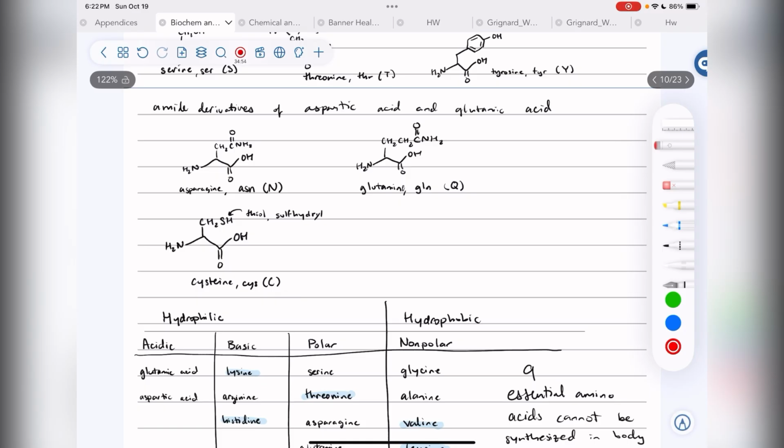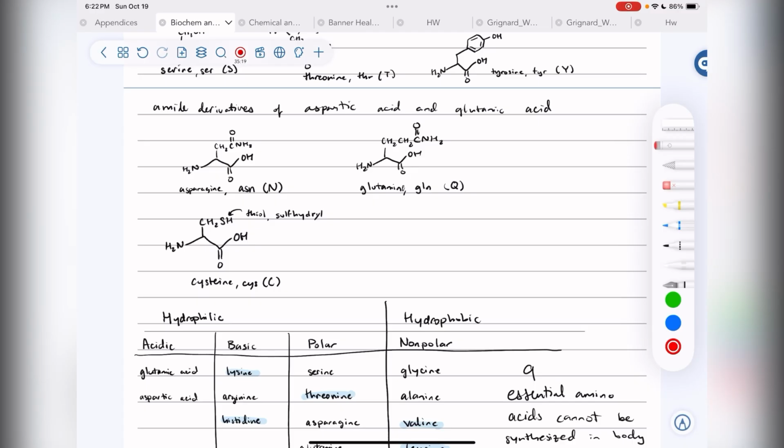Cysteine, remember, these ones are really important because they create the disulfide bridges. So let's just say that this cysteine created a disulfide bridge with another cysteine. Are these amino acids being oxidized or reduced? Because they are losing the hydrogen, it's going to be oxidized.